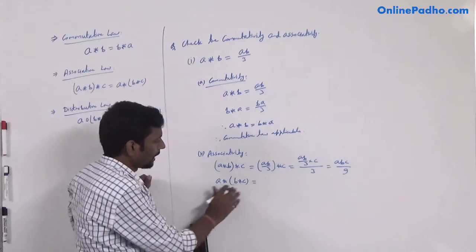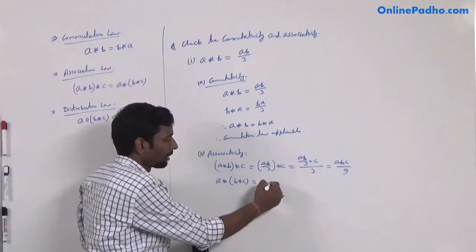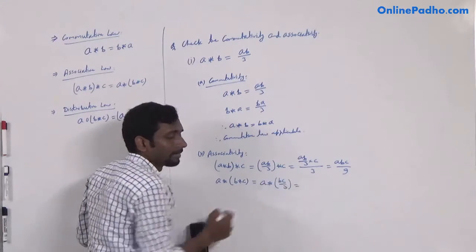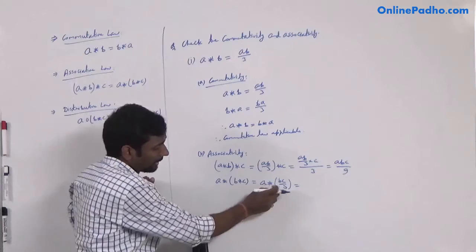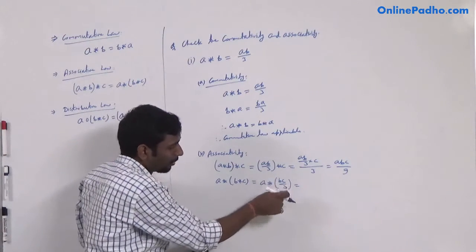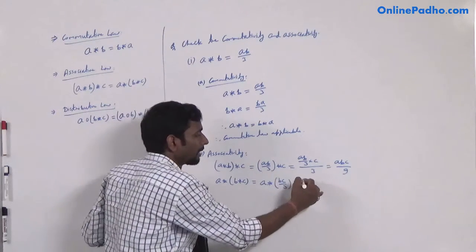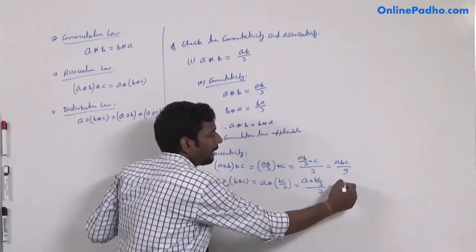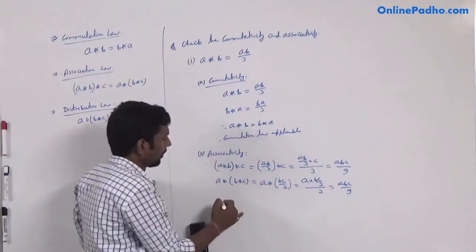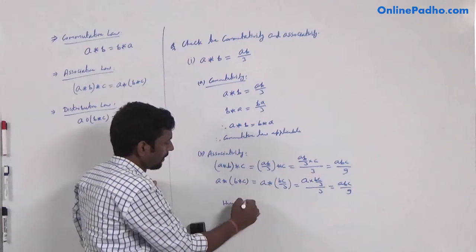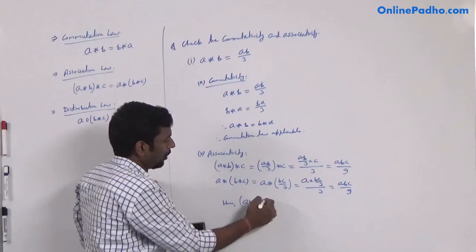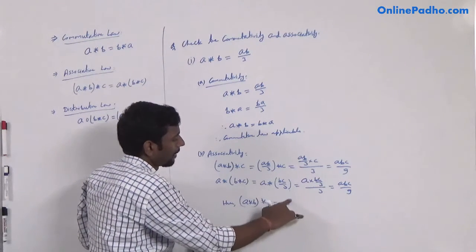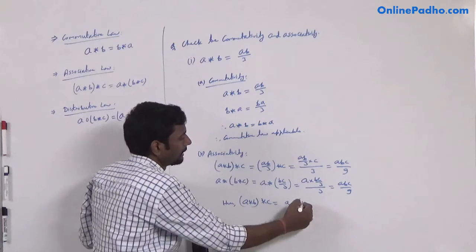Now we have to find A star (B star C). We solve the bracket first. B star C can be written as BC by 3. Now we have to find A star BC by 3: product of both, divided by 3. We can write it as A multiplied by BC by 3, divided by 3, which is ABC by 9. Yes, both are equal. Here we can say that (A star B) star C is equal to A star (B star C).